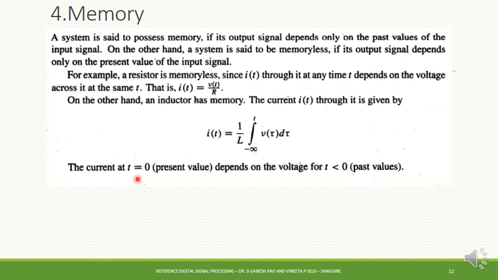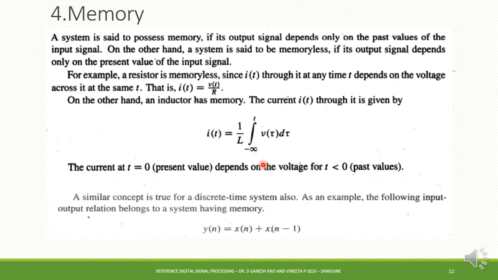The current at time t depends on the voltage for tau less than or equal to t, that is, on past values. That is why we say the inductor has the property of memory, whereas the resistor is a memoryless device. This is all about memory.